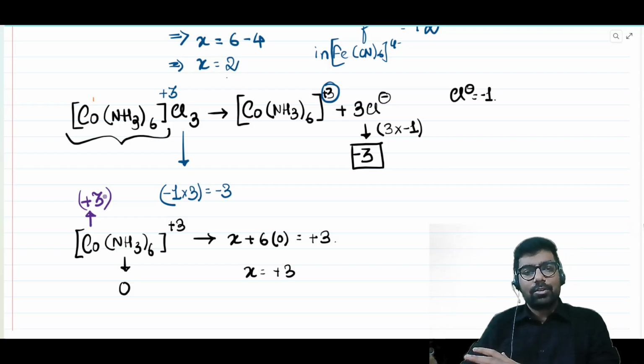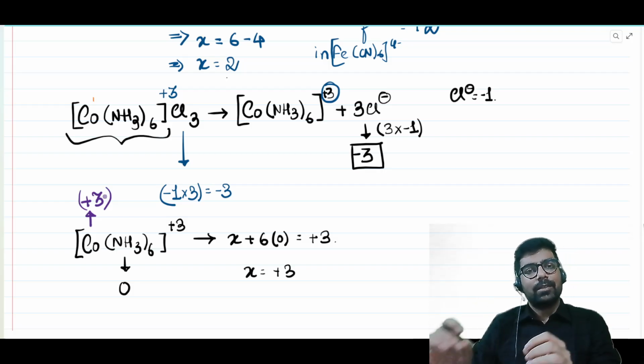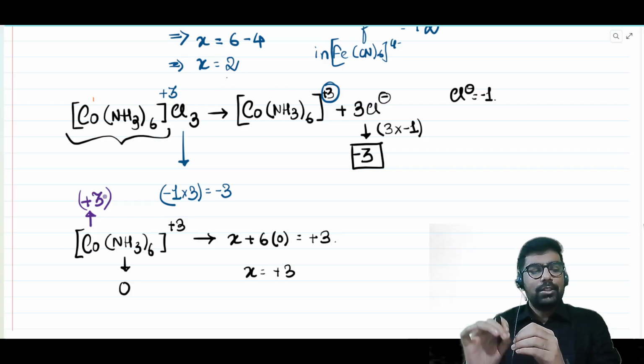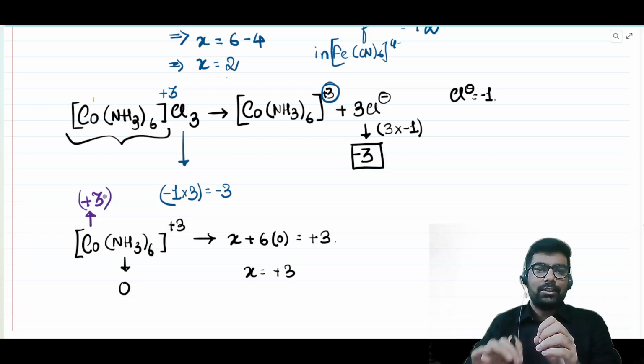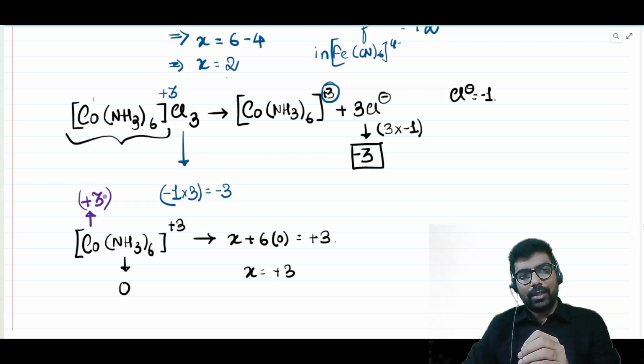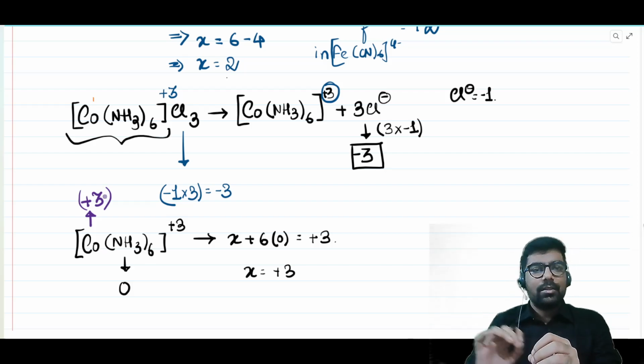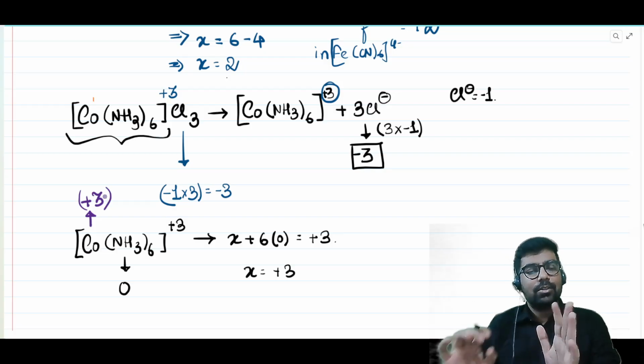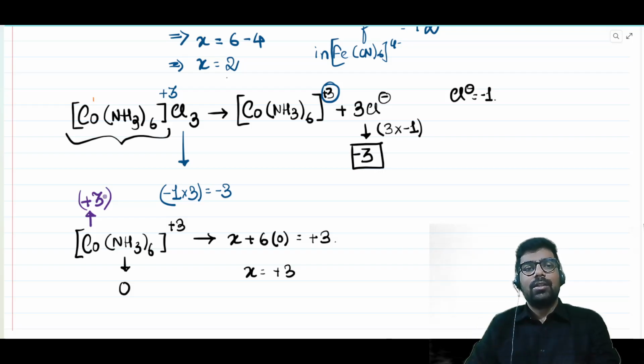So for finding out the oxidation state, you need to know the charge of the ligand, which I will give you after some time. I will give you a chart-based system where individual ligands, their structure, their name, and their charge all will be provided. So just for now, use the concept that I have given.